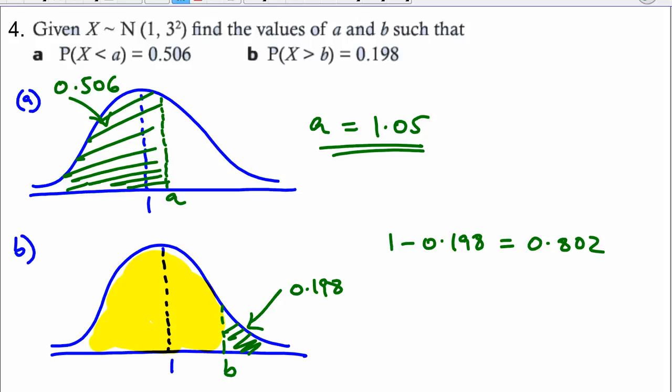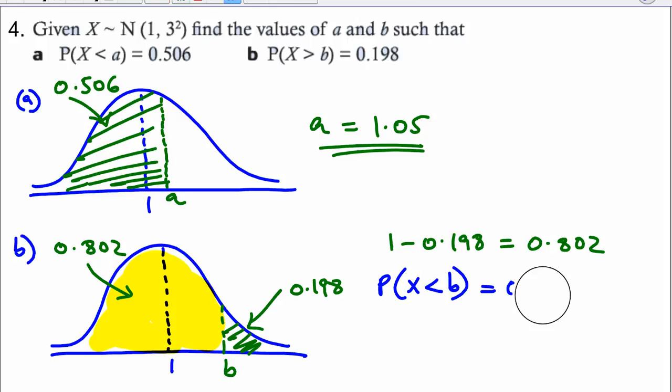So this area here is 0.802. Now, because I have it in that form, I can write that the probability that X is less than B is equal to 0.802.